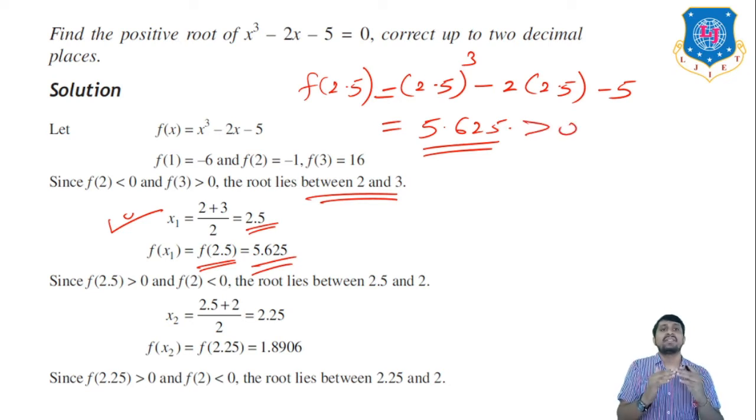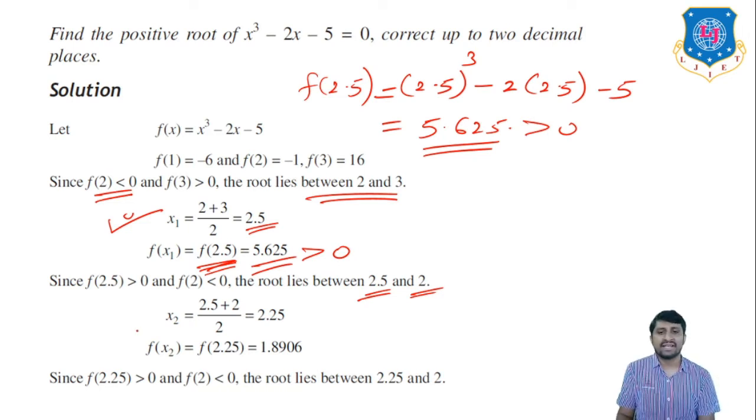Now you have to find a point where the value is negative. The negative value is at point 2. f of 2 is less than 0 and f of 2.5 is greater than 0. So your root lies between 2 and 2.5.